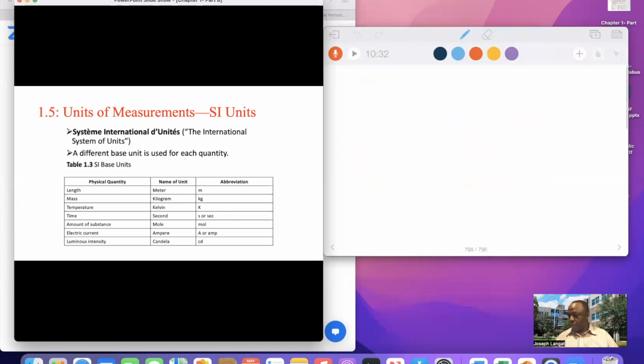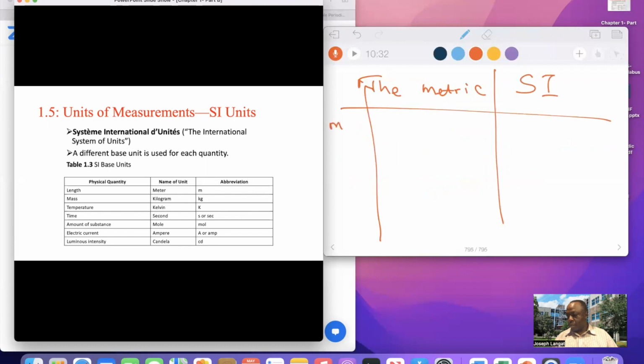For example, let's say the metric and SI. For measuring mass, we use gram here, and here is kg, kilogram.